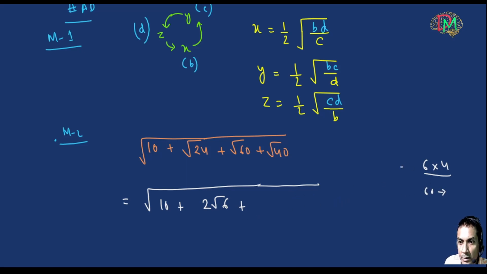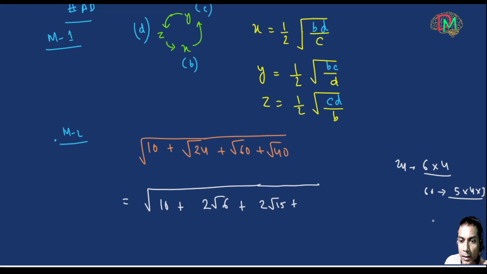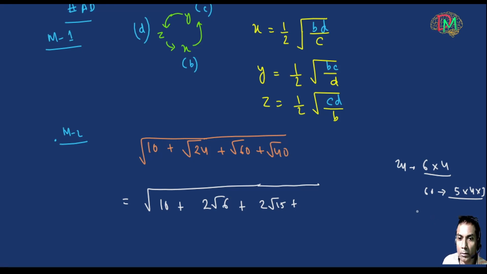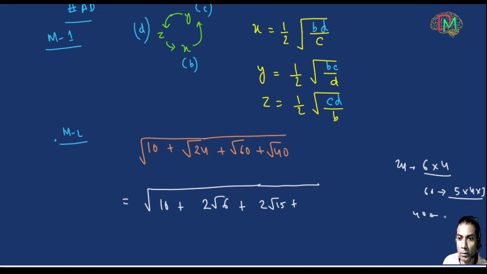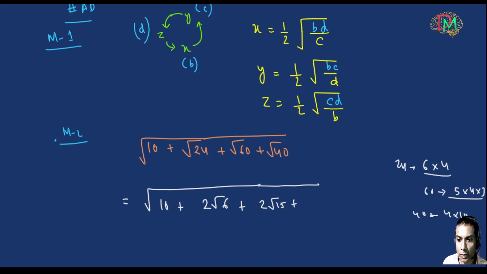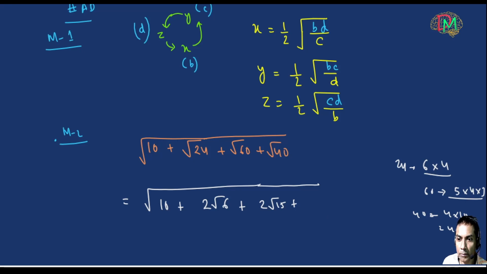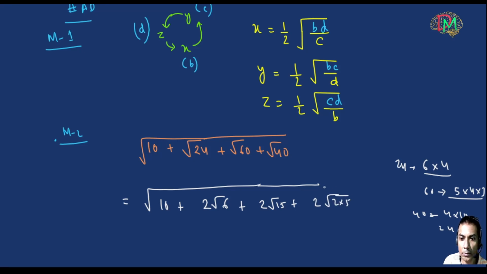And 60 you can write as 4 into 15, so it is 2 root 15. And 40 is equal to 4 into 10, so it will be 4 into 2 into 5, again 2 into 2 into 5, correct?